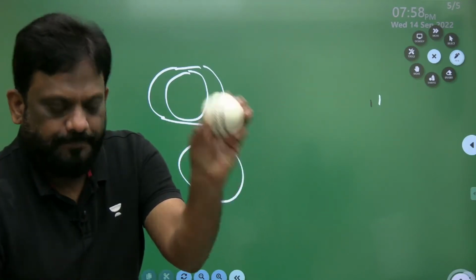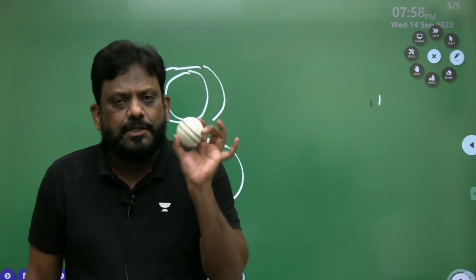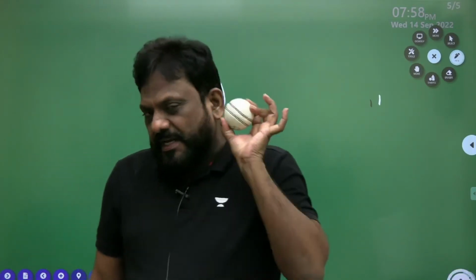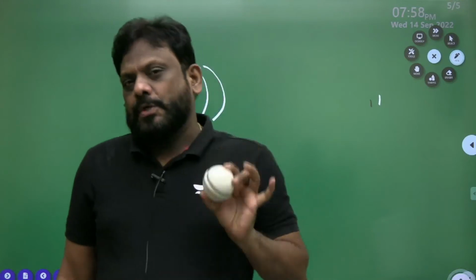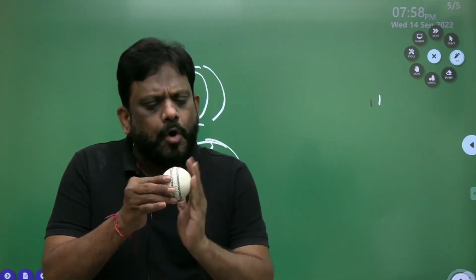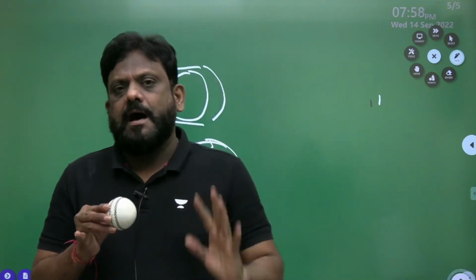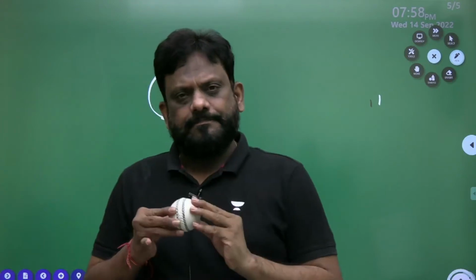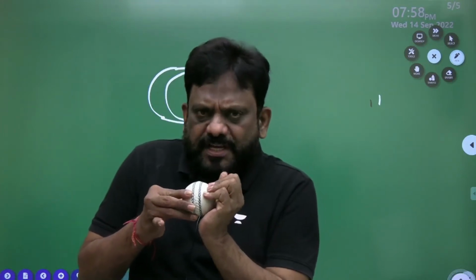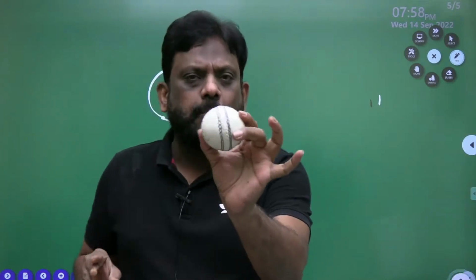Hope it is visible. Now let us take a brand new ball. When you take a new ball, both surfaces are exactly the same. This is absolutely shiny. This is absolutely shiny. If you see, it is absolutely a new ball.